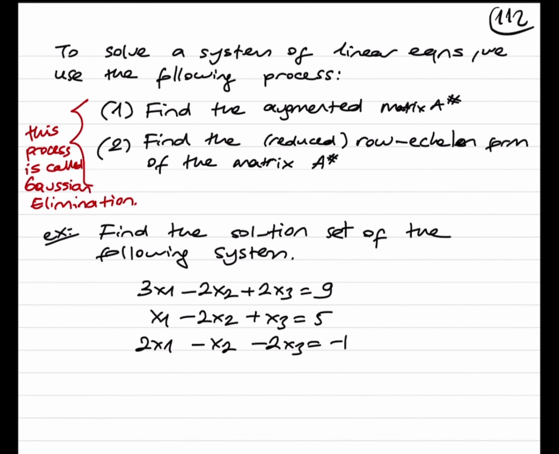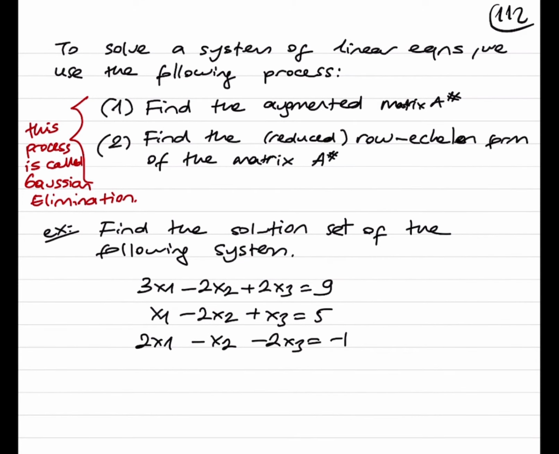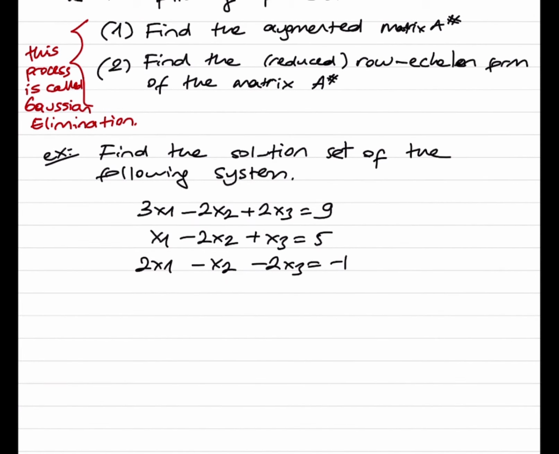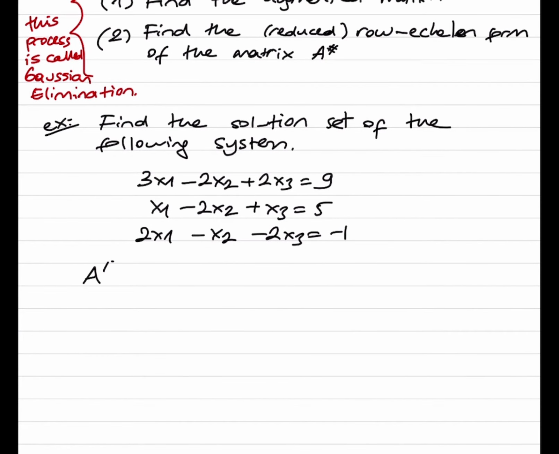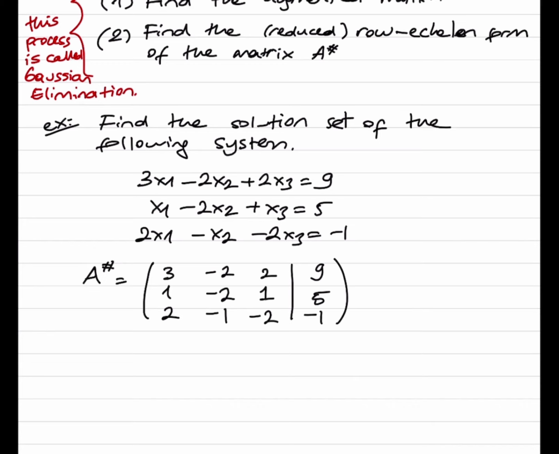Okay, in the first step we said that we will find the augmented matrix first, and then we will find the row echelon form of the matrix. So what is the augmented matrix of the system? We write the coefficients 3, minus 2, 2, 9; 1, minus 2, 1, 5; 2, minus 1, minus 2, minus 1.